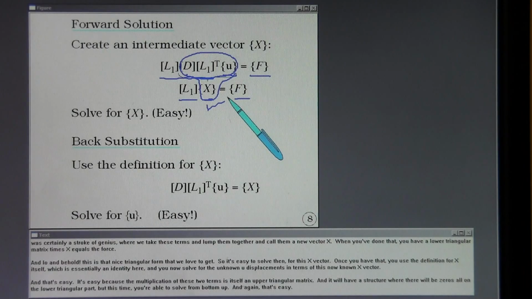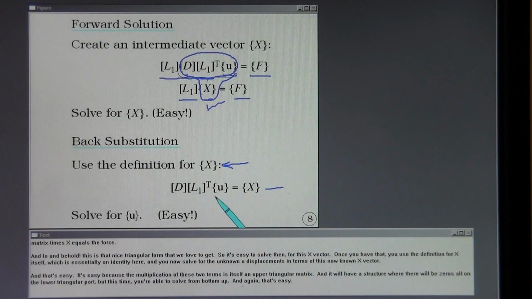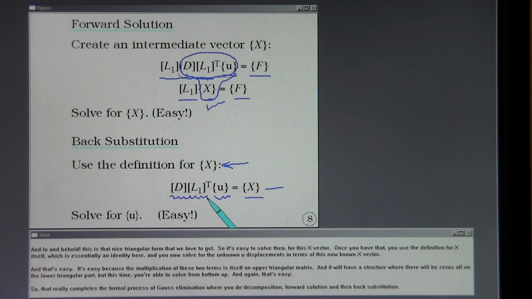Once you have that, you use the definition for x itself, which is essentially an identity here, and you now solve for the unknown u displacements in terms of this now known x vector. And that's easy. It's easy because the multiplication of these two terms is itself an upper triangular matrix.